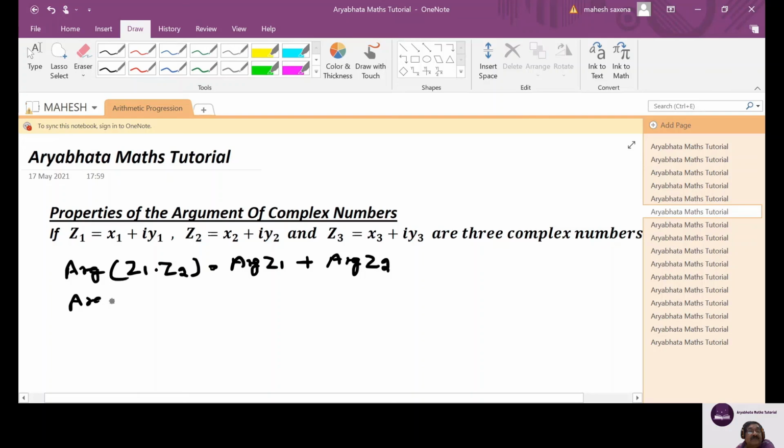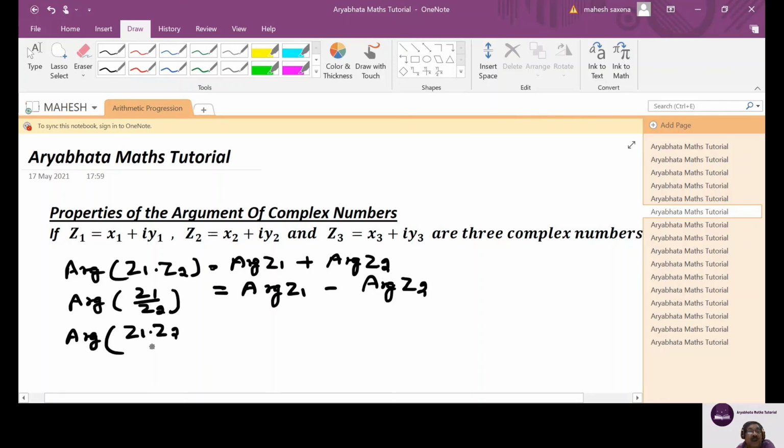Argument of z1 upon z2 is equal to argument z1 minus argument z2. Similarly, argument of z1 into z2 upon z3 is equal to argument z1 plus argument z2 minus argument z3.